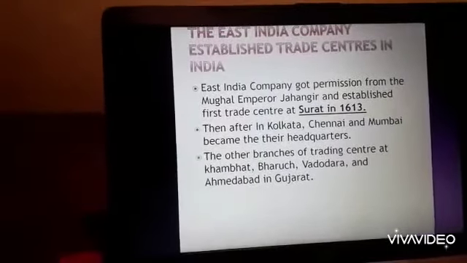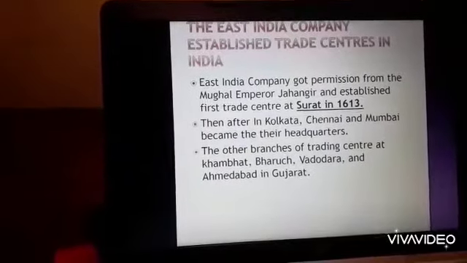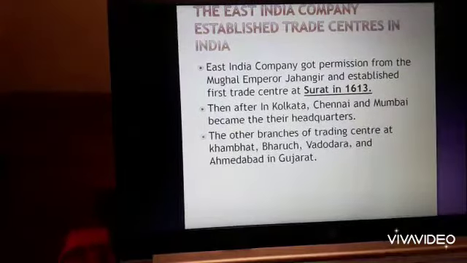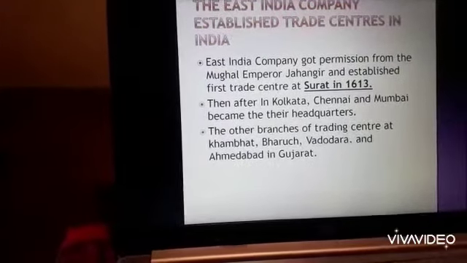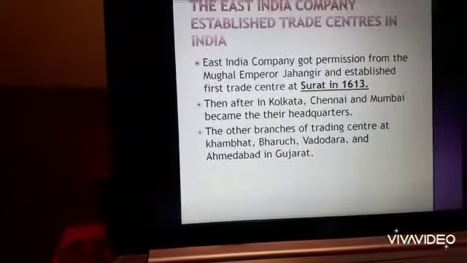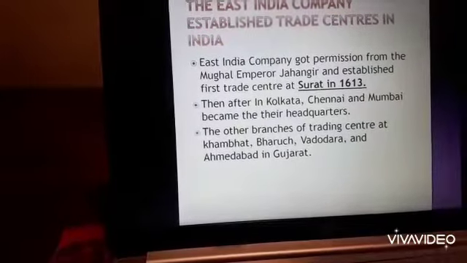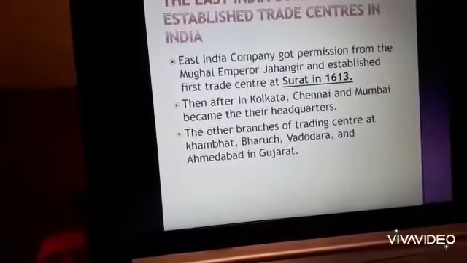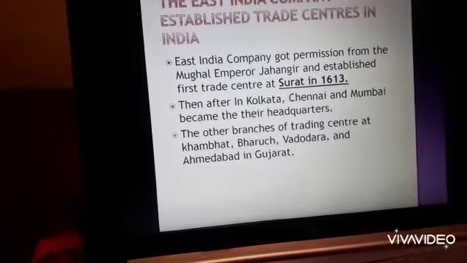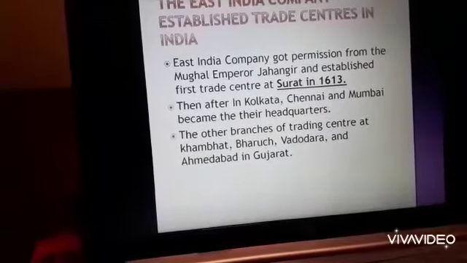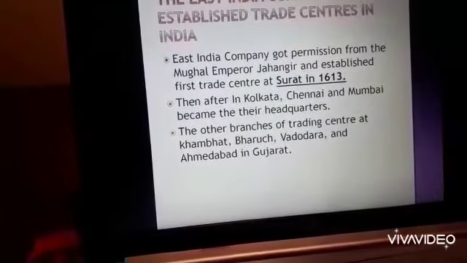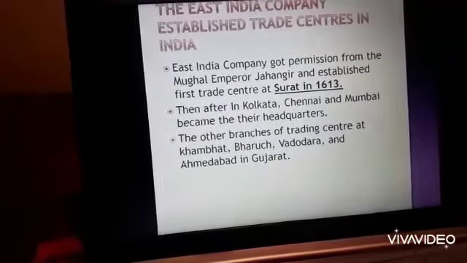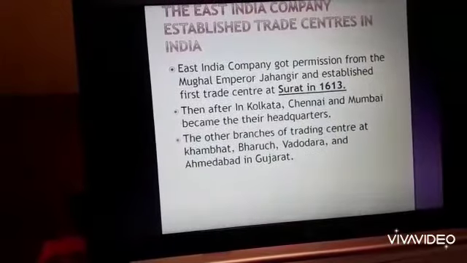The branches of the trading center at Surat were established at Khambat, Bharuch, Vadodara, and Ahmedabad in Gujarat between 1613 and 1680. Then it set up trading centers at St. George, Chennai and Fort, and Mumbai became their headquarters in 1687.